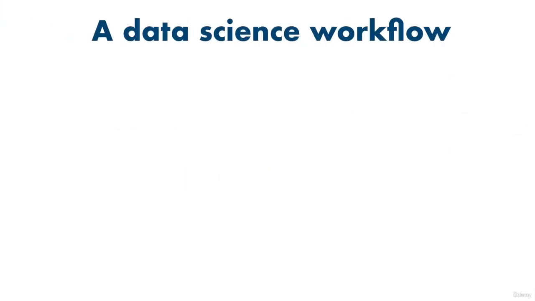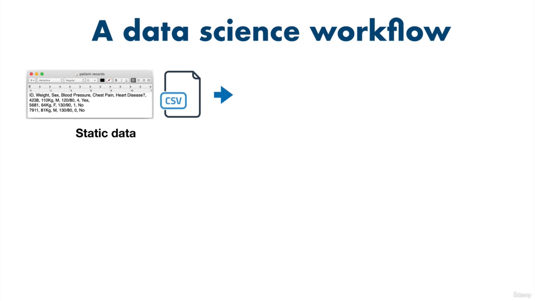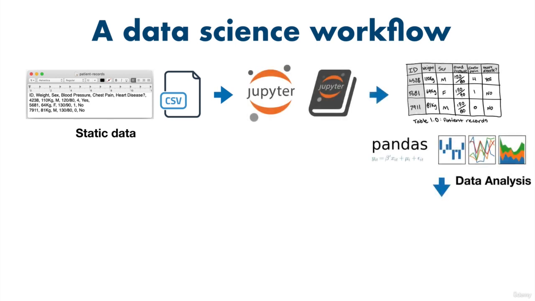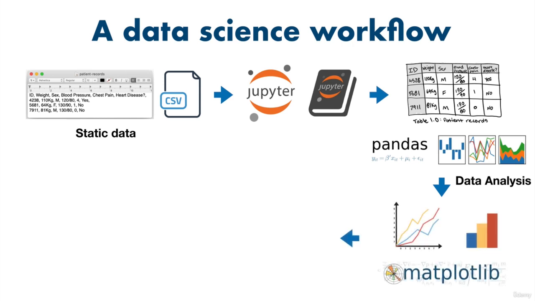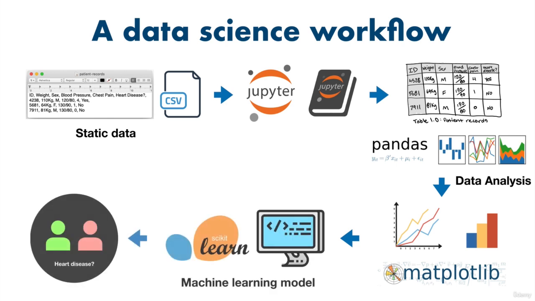A common data science workflow begins by opening a CSV file in a Jupyter notebook, a tool for building machine learning projects, then exploring the data and performing data analysis using pandas, a Python library for data analysis, and making visualizations such as graphs and comparing different data points using matplotlib, then building machine learning models on the data using scikit-learn, such as a machine learning model to predict using these patterns here whether or not a patient has heart disease.